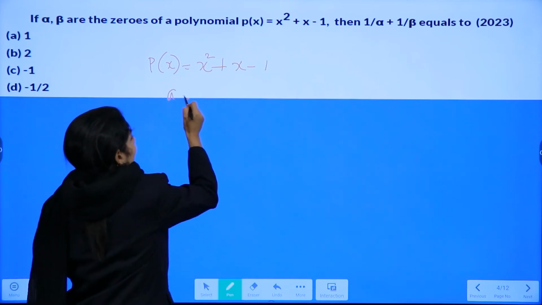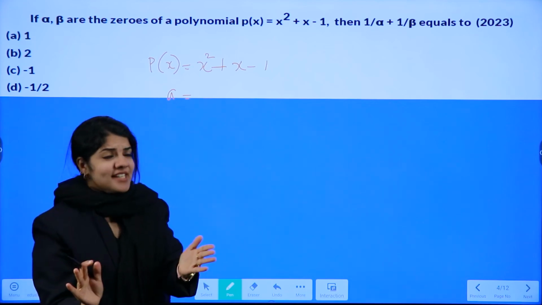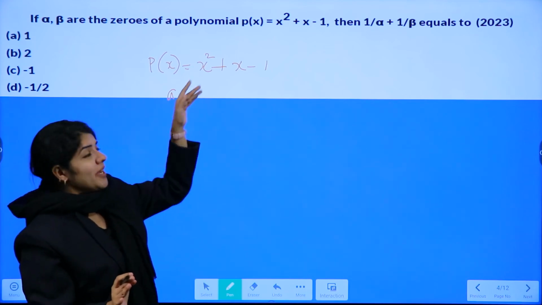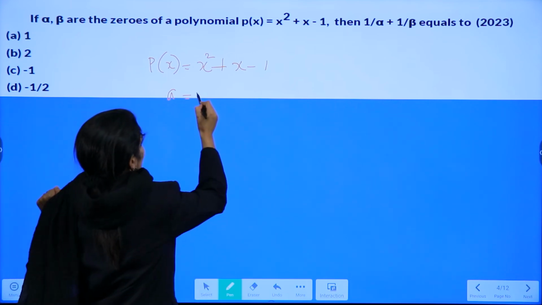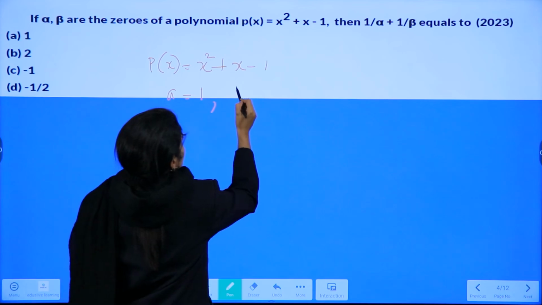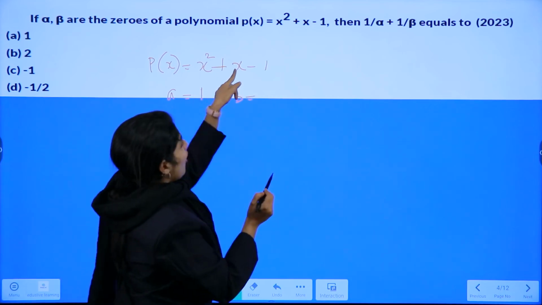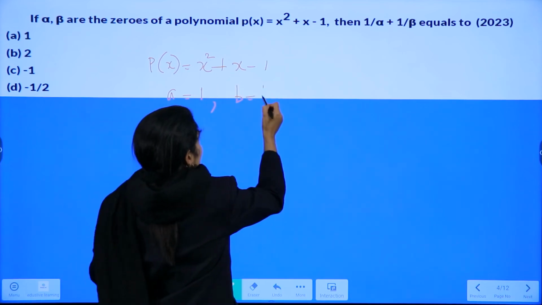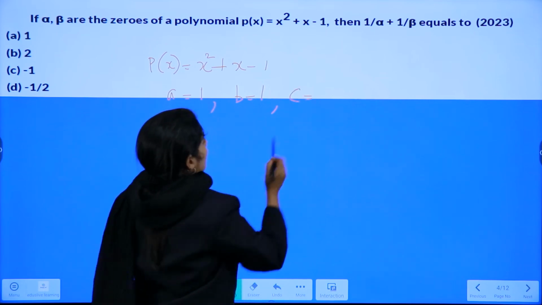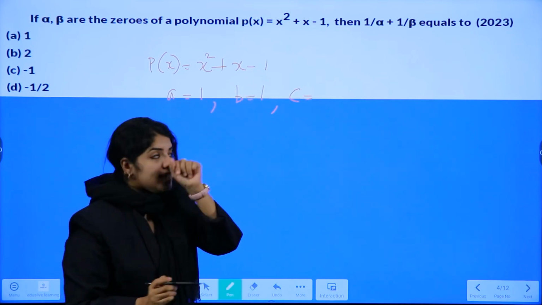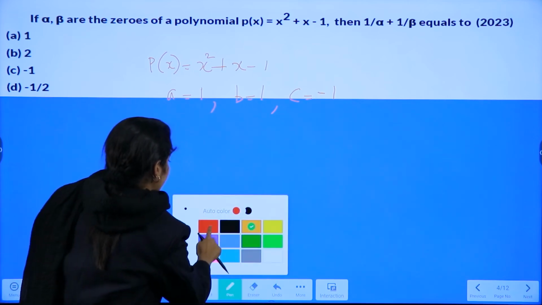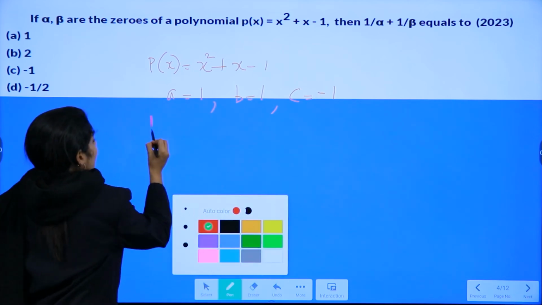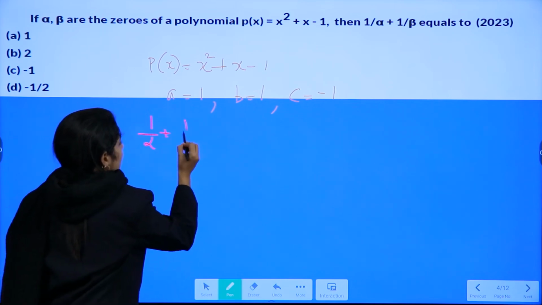What's the value of a here? Yes, a is the coefficient of x square, which is 1, and the value of b is the coefficient of x, that is again 1, and c is equal to the constant term, which is negative 1. And the question is to find the value of 1 by alpha plus 1 by beta.